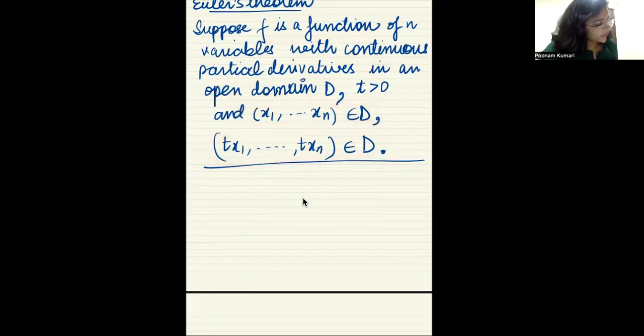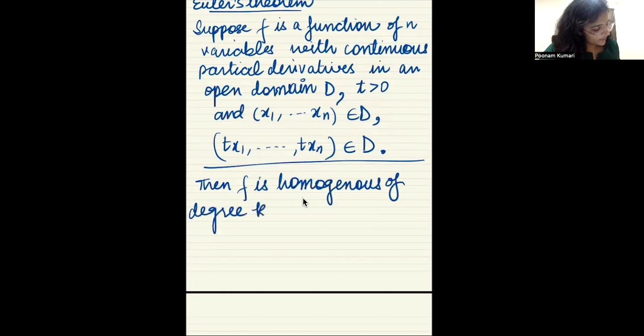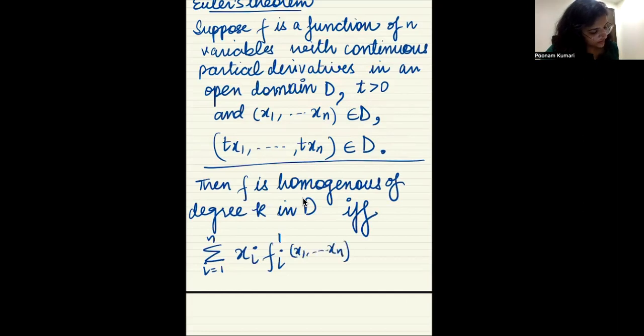So in that case what happens, then f is homogeneous of degree k in the domain if and only if summation i equals 1 to n x_i f prime_i (x1 up to xn) is equal to k times function value f(x1 up to xn).